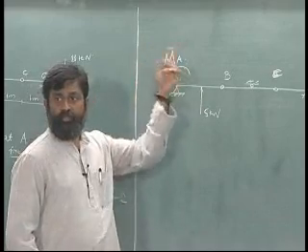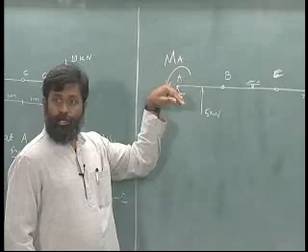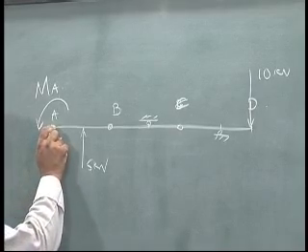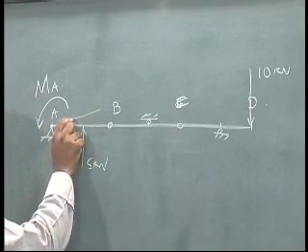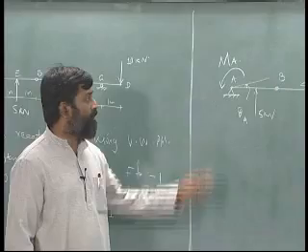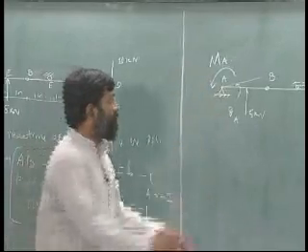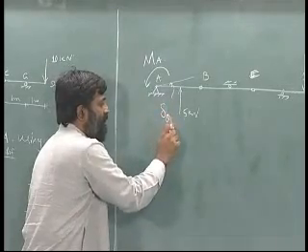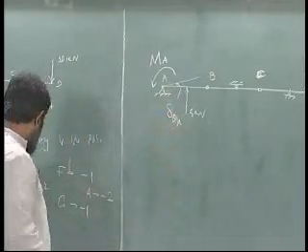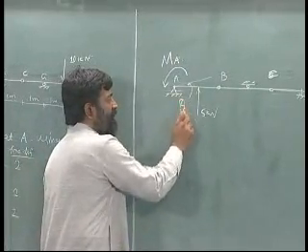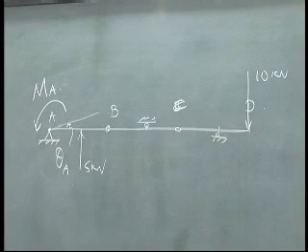For the virtual work principle, MA into the rotation that has taken place at this particular point is the virtual work. Okay. So, let us say I provide a rotation here equal to theta A. Let me call it delta theta A. For now, let us just assume that the virtual rotation itself is theta A, just to avoid too many symbols.